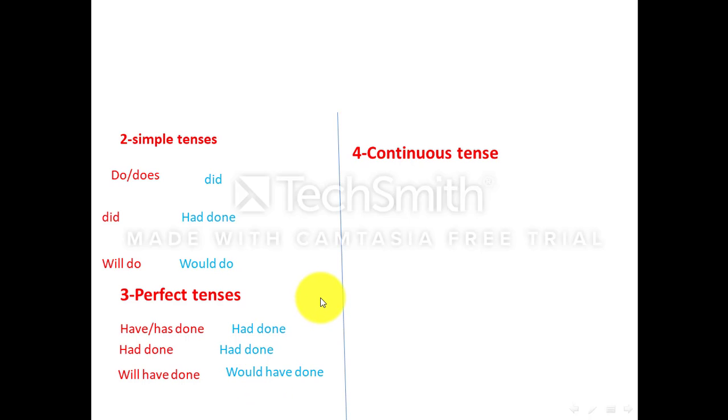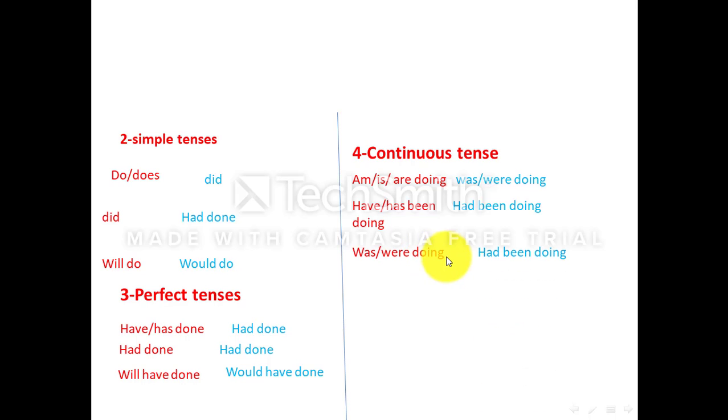Number 4, continuous tenses. Am, is, are doing changes to was or were doing. Have been doing or has been doing changes to had been doing. Was, were doing changes to had been doing.